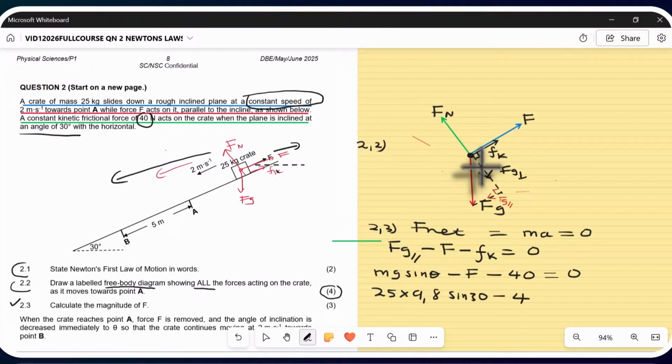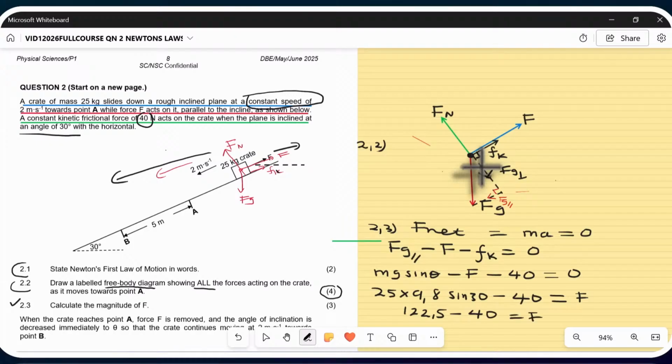It gives me 122,5. So 122,5 newtons minus 40 equals the force F. So in other words, my force F equals 82,5 newtons.